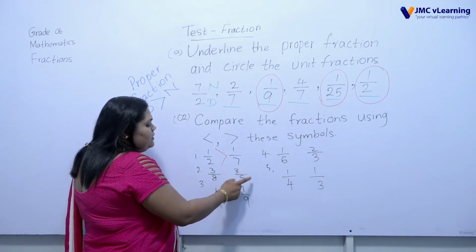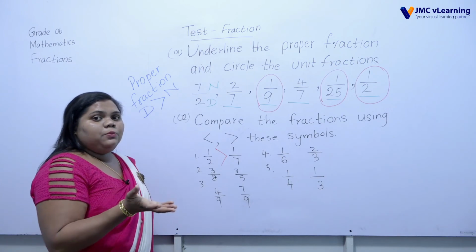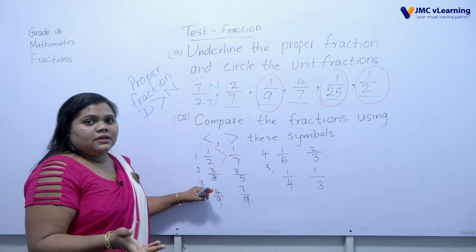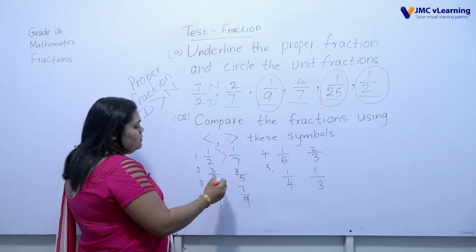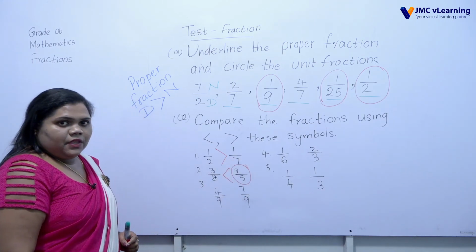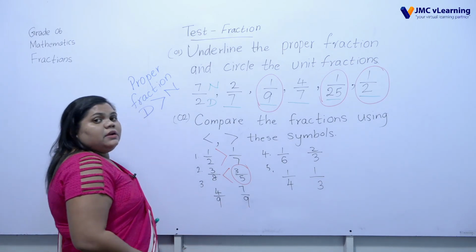3 out of 8 and 3 out of 5. Here also the same thing. Same numerator, so you want to get the smaller denominator to find the larger fraction. It means 5 is the smaller one, so this is the larger fraction. Okay. Next, third one. Same denominators.